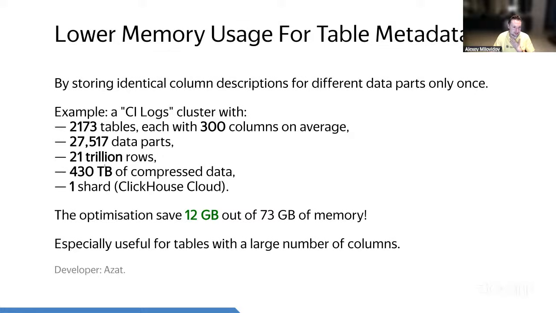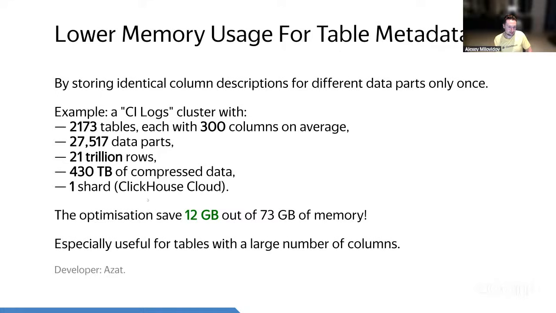And all of this inside just a single shard. It is ClickHouse Cloud. ClickHouse Cloud scales by replicas. Every machine is identical. It looks at the whole set of data.